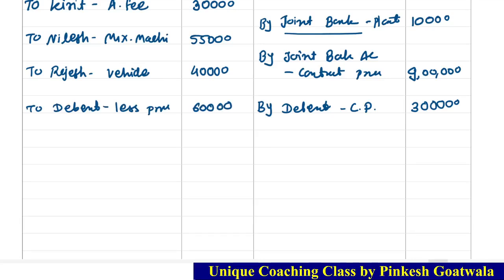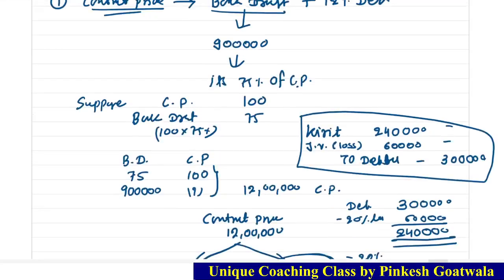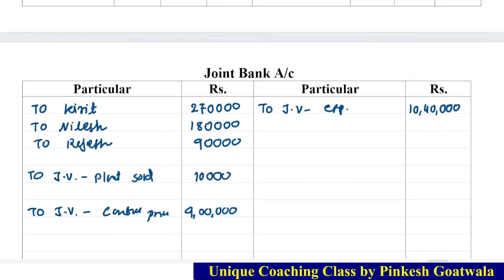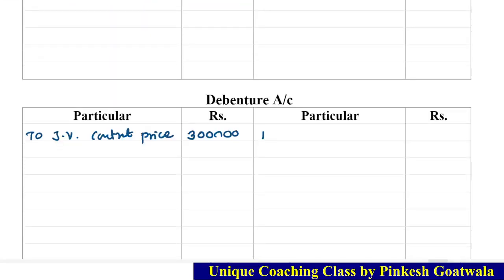And the debenture account, where debenture is credit, so debenture account credit side, by Kirit 240 and by joint venture 60. So we have given all the effects.